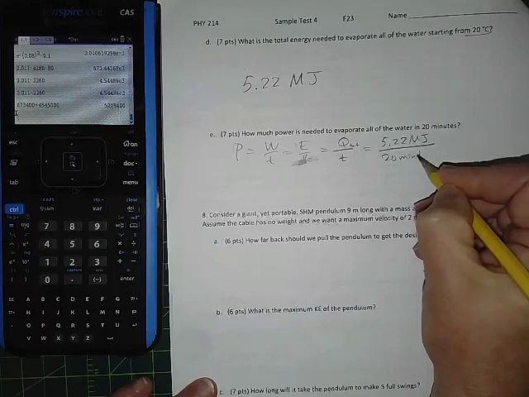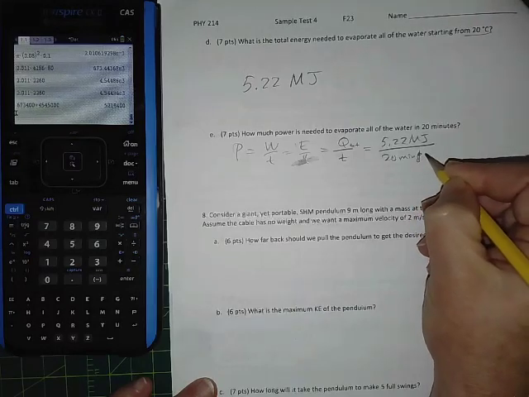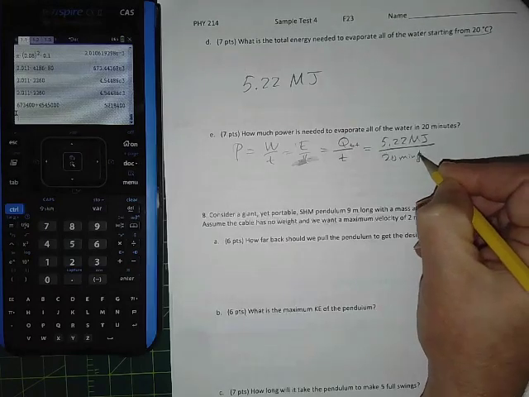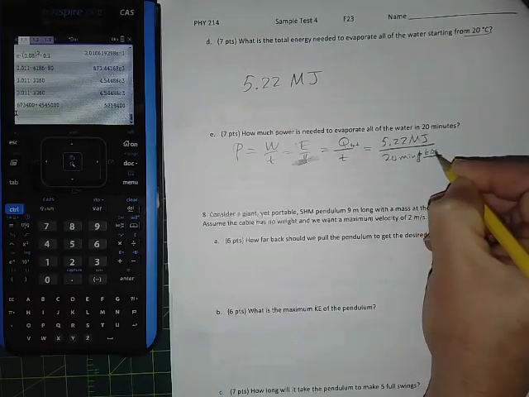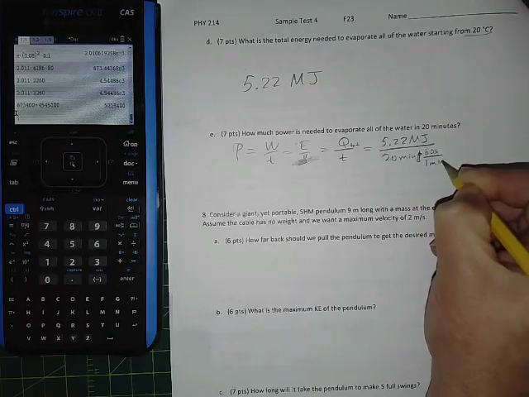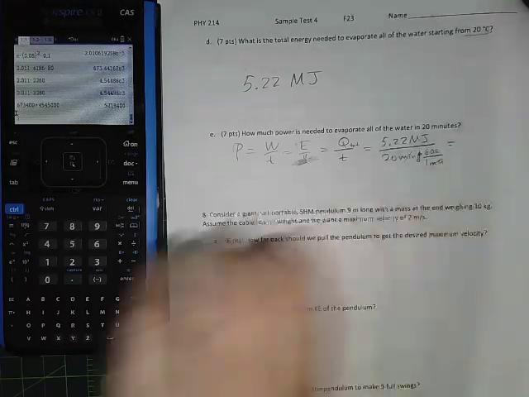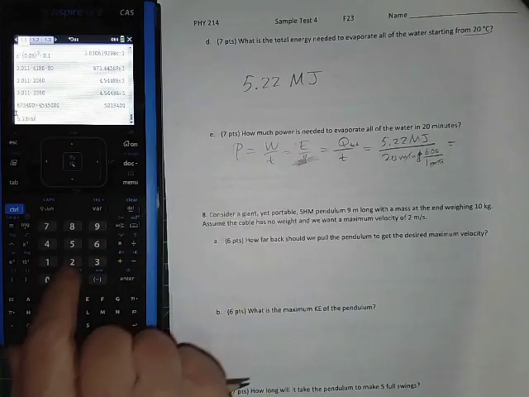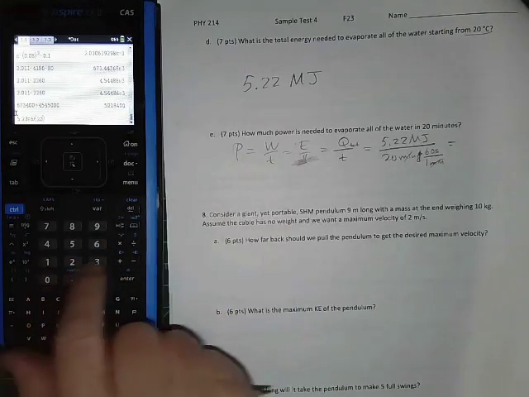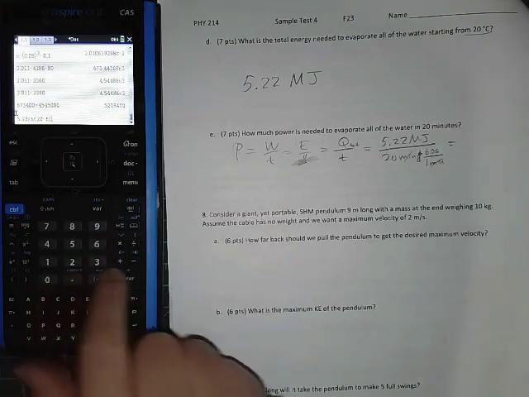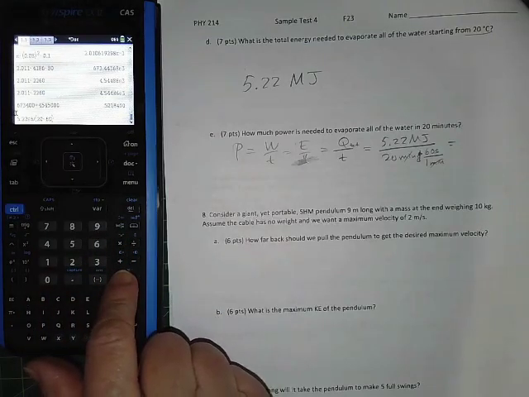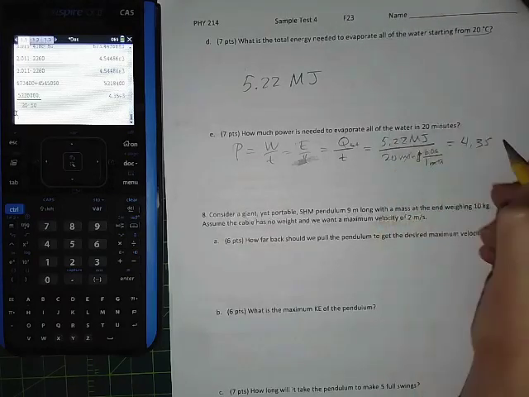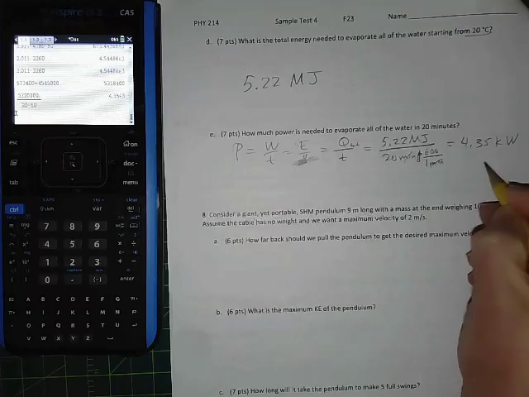but we need it in seconds, so we're going to multiply by a fraction of 60 seconds is 1 minute, so we get 5.22 exponent 6 divided by 20 times 60. 4.35 10 to the third kilowatts.